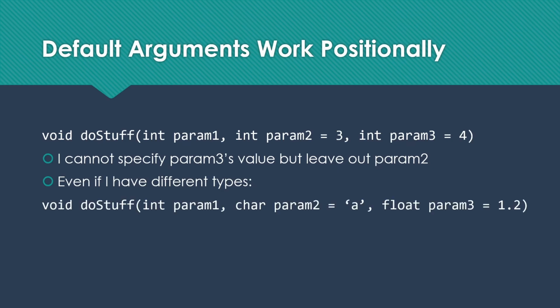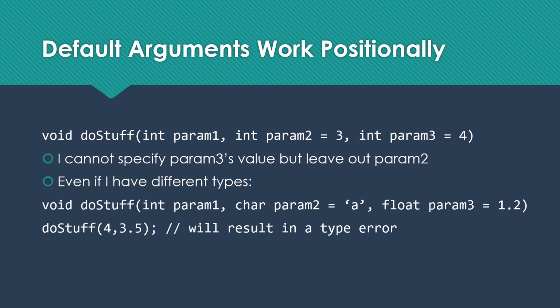So I have this do stuff with an integer first parameter that doesn't have a default, a character second parameter, and a float third parameter. If I try to call it and pass in 3.5, it's not going to say, hey, that's a floating point number. We should make it be param 3. What's going to happen is it's going to say, okay, you have 2 parameters, so those match up to positions 1 and 2.